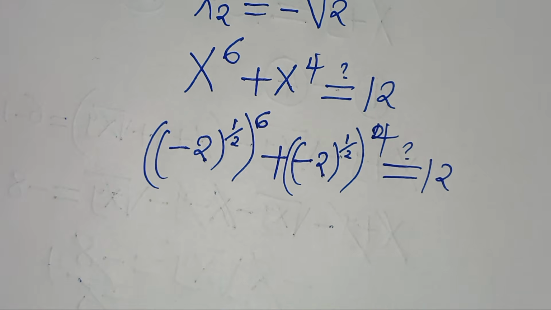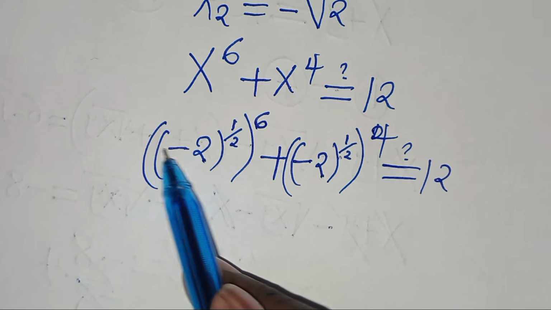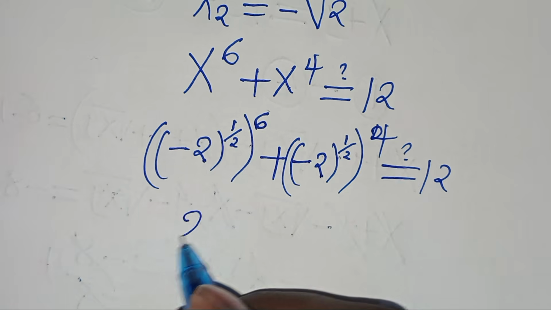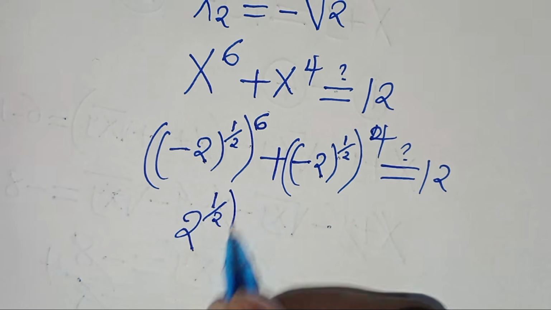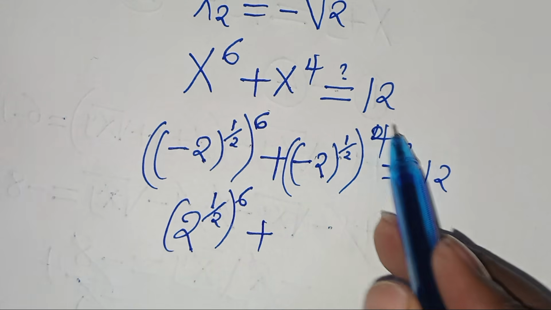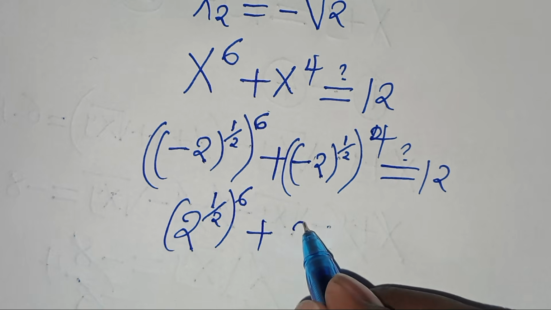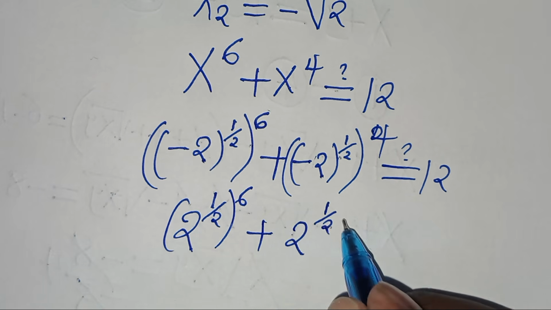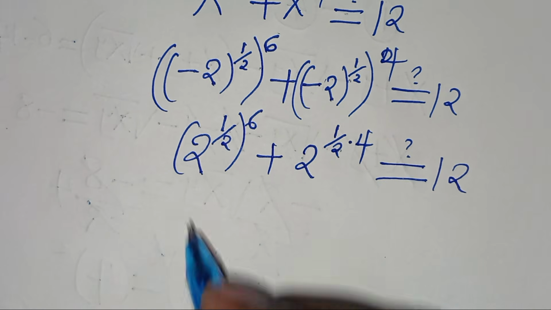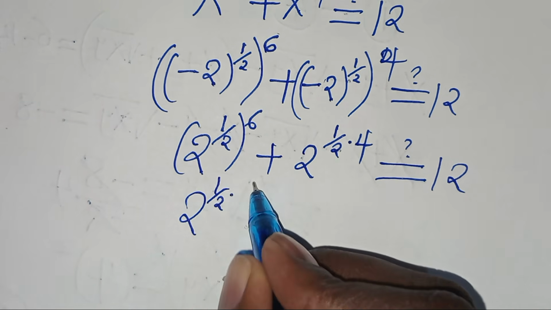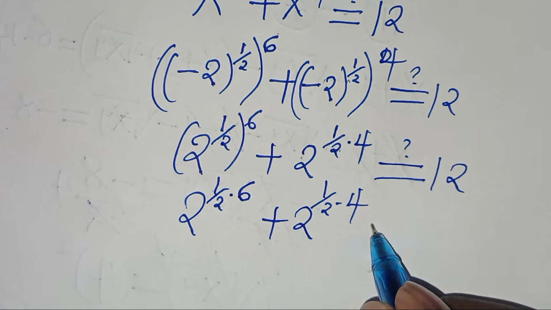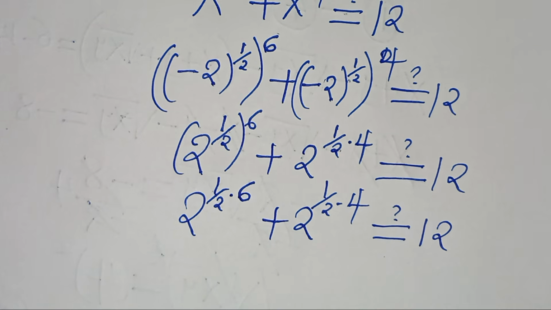Now, negative 1 raised to the power of 6 is plus 1, so we have 2 raised to the power of a half raised to the power of 6, plus, negative 1 raised to the power of 4 is positive 1, so we have 2 raised to the power of a half multiplied by 4. This should give us a value of 12. So this is 2 raised to the power of a half times 6 plus 2 raised to the power of a half multiplied by 4, which should give us a value of 12.